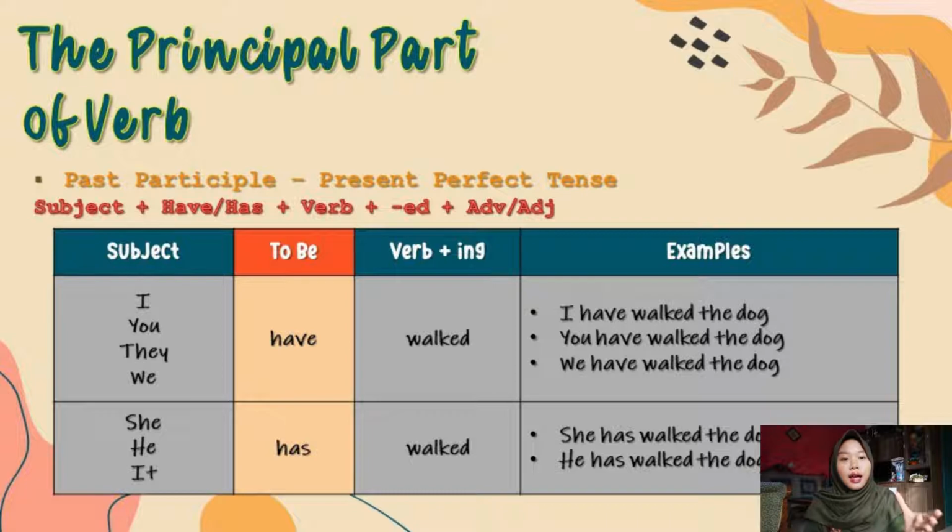Example: you have walked the dog. I have eaten my dinner. They have walked the dog. But if you use subject she, he, it, then you have to use has. Example: she has walked the dog. He has walked the dog.